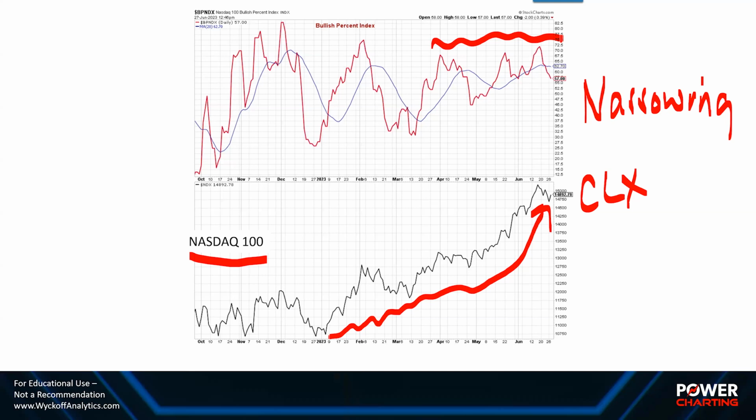I think there's logic for this because I do believe that many of these institutional investors that are overweighted the Nasdaq mega cap stock names are always going to own them.